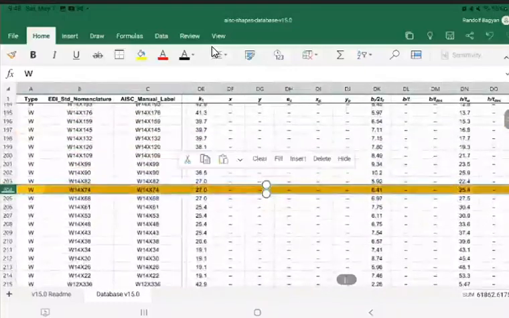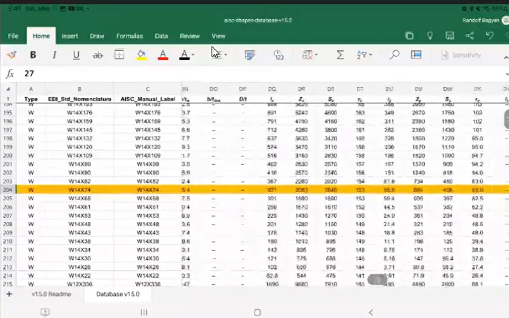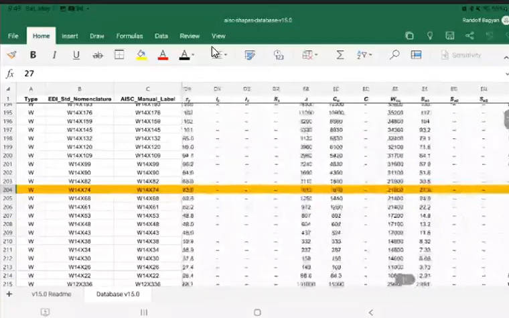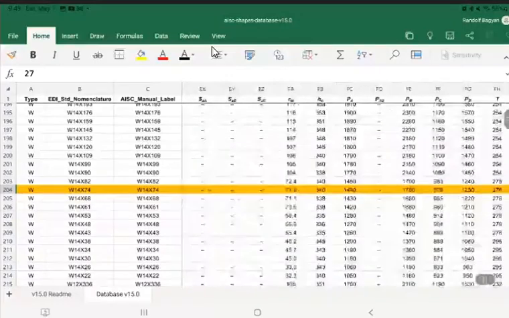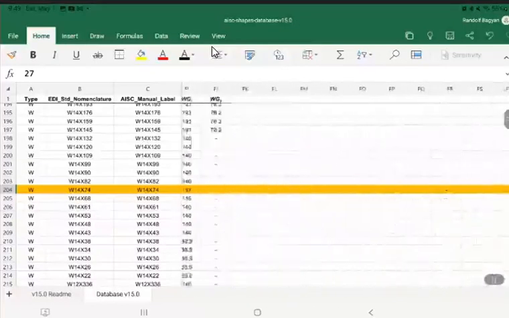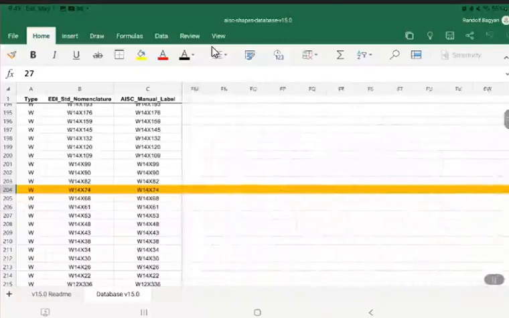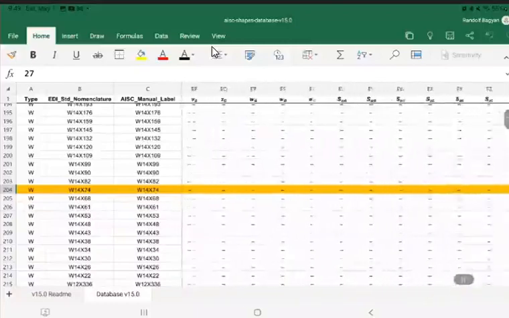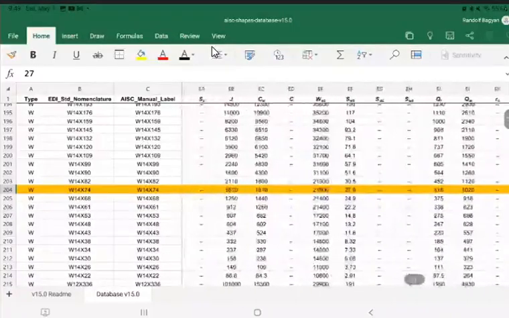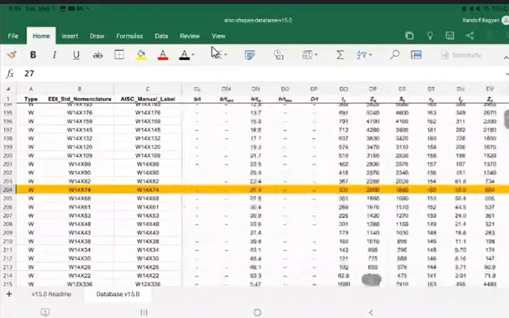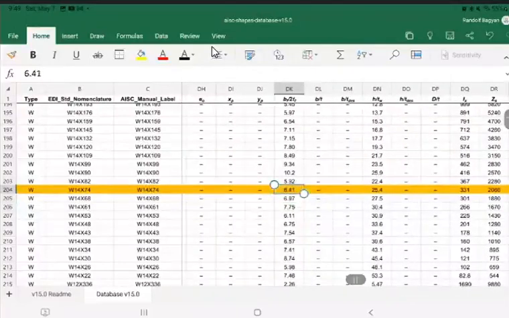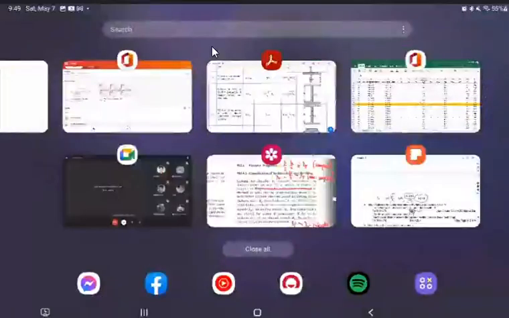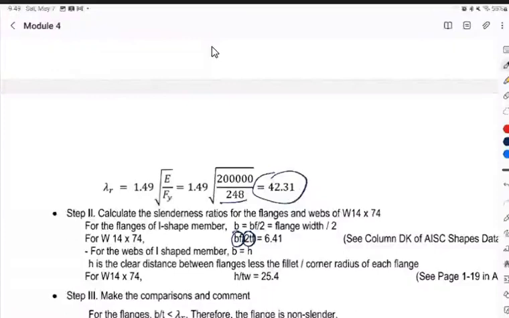Ito. Saan yung bf all over twice thickness of the flange? Makikita nyo din dito, class. Okay, ito. Yan. Meron tayong 6.41 for the bf all over twice the thickness of the flange. Check nga natin. It's 6.41.